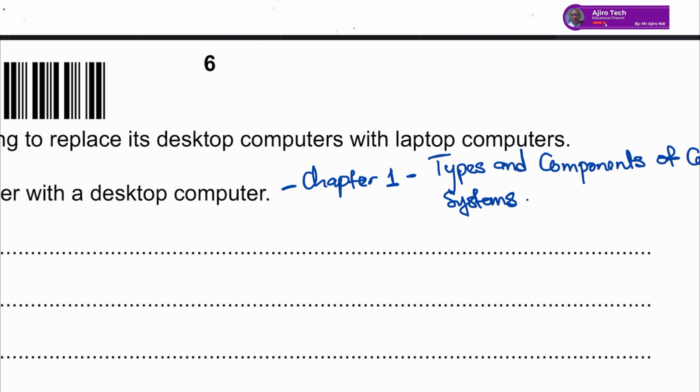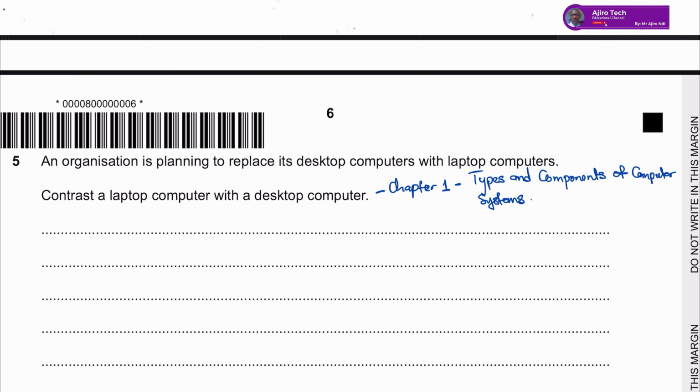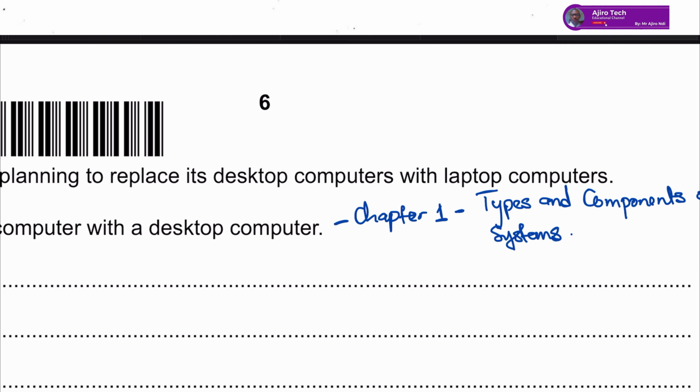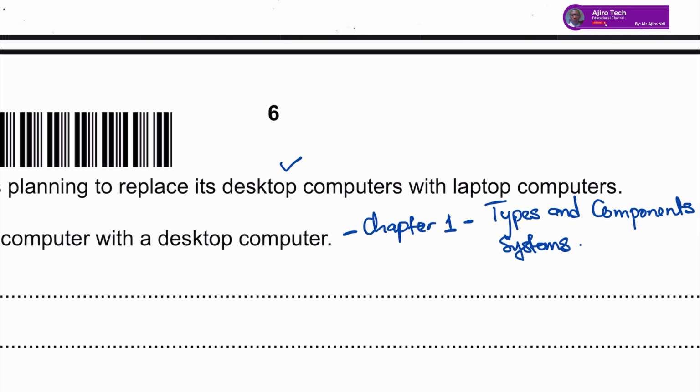So now we have types of computers and we have desktop computers as one of them, and then we have what we call the mobile computers.